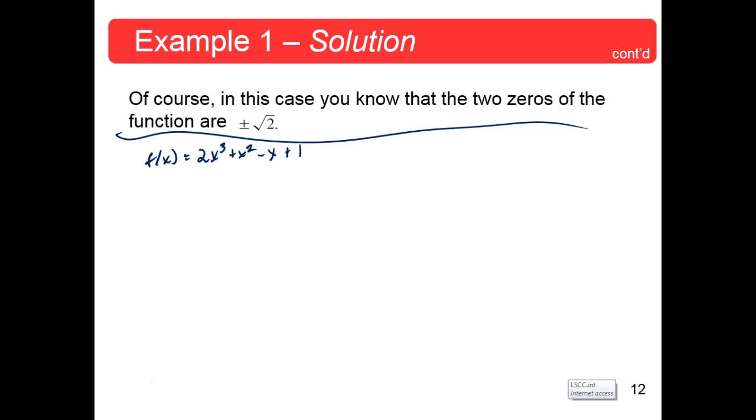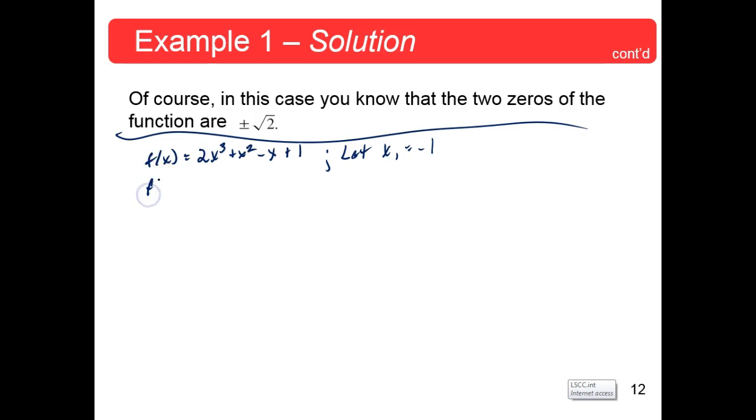That's why I said, not because I knew that, but because I knew there would be at least one negative root, I would begin there. And it looks to me that negative 1 would be a good place to start. So let's let x sub 1 equal negative 1.